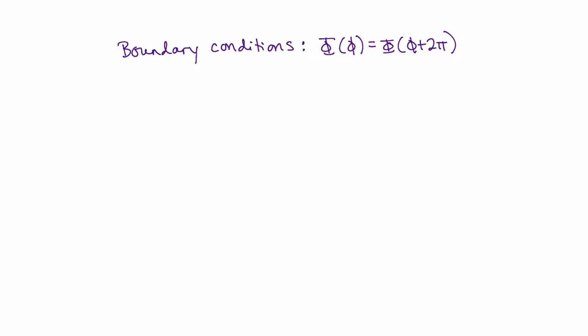So what this is telling us is that our function at phi plus 2 pi, so just plug that into our solution expression, must be equal to our function at phi.